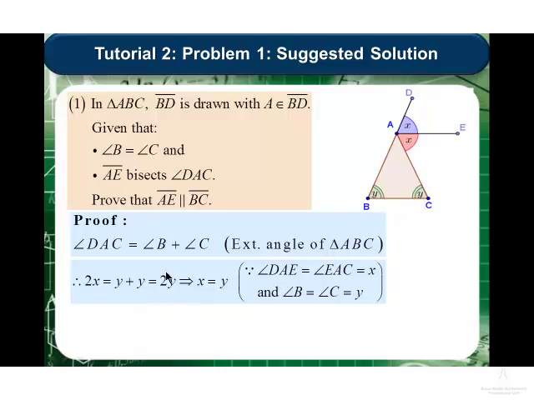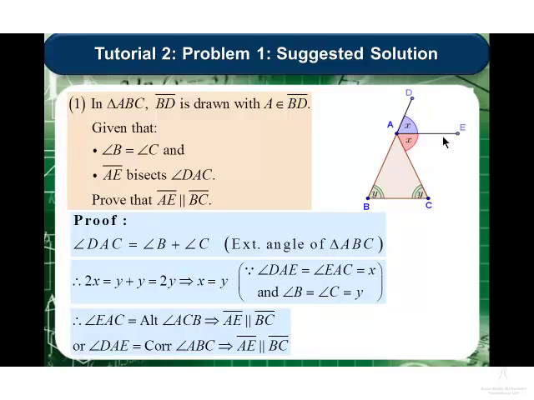So if 2x is equal to 2y, then clearly we have that x is equal to y. So angle x is equal to angle y. And since the angles x and y are alternate angles, we know that correspondingly the line segment AE must be parallel to BC, as we have discussed before.